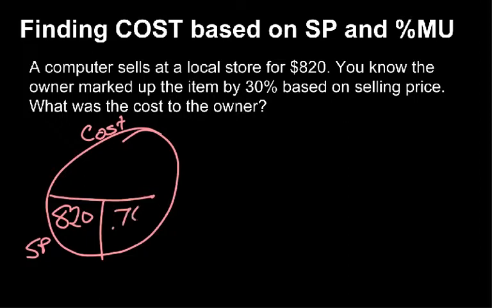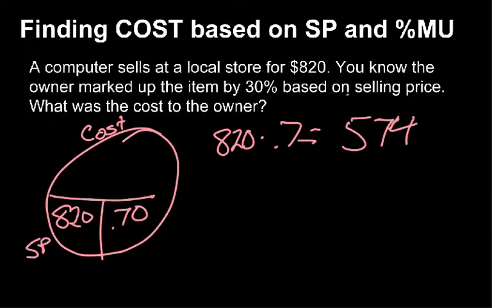Well, that's the other 70% to make 100%, or the selling price. So if we multiply this, 820 times 0.7, we end up with $574, which is the cost of the computer to the store.